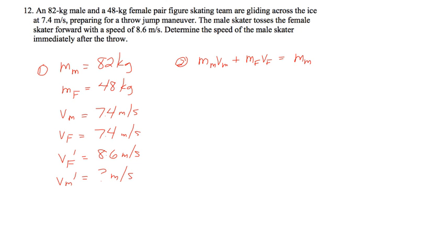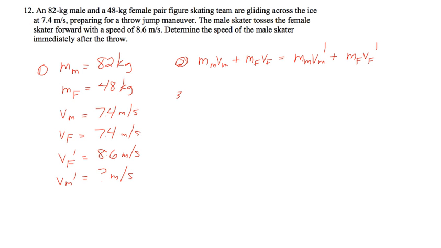So there's my equation. Nothing's zero, so nothing cancels out. If I'm solving for the velocity of the male after, I'm going to move this term over to the other side and then divide by that. That will get me this by itself.